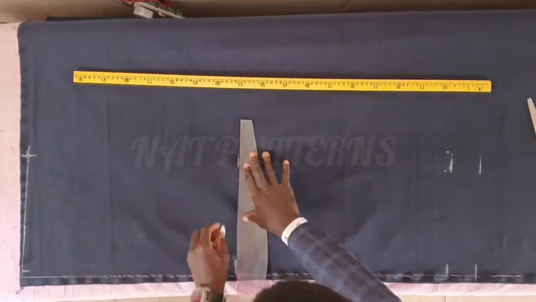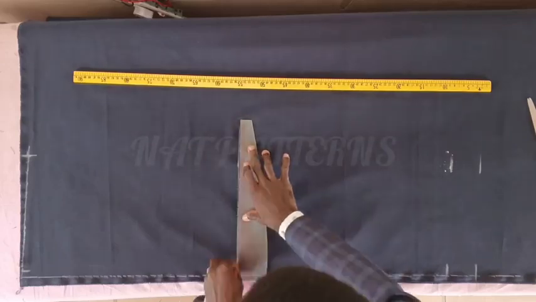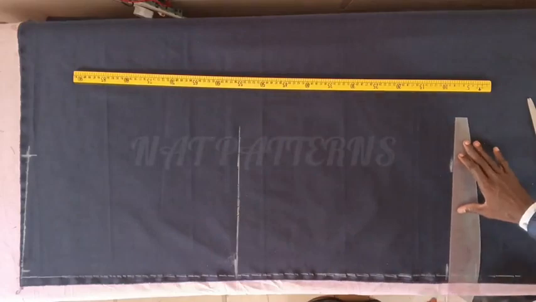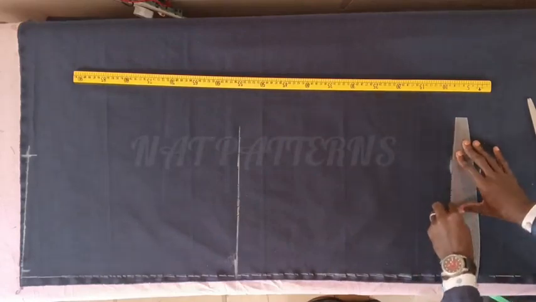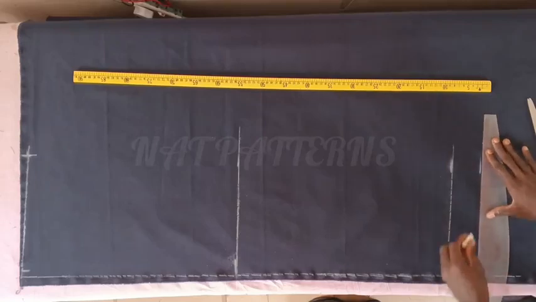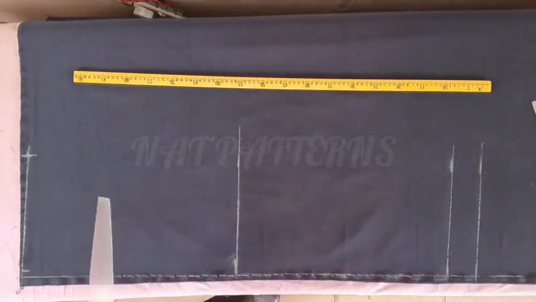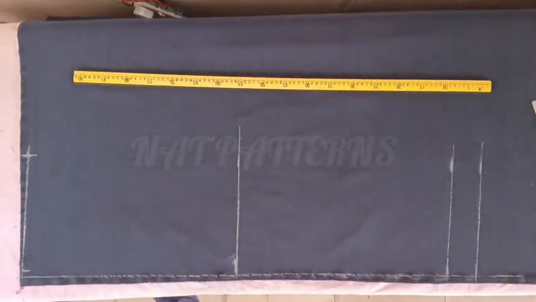If you make the points at only one side, it's possible that your lines might not be straight. But making the points at two different places and joining them ensures that you have an accurate, straight line.